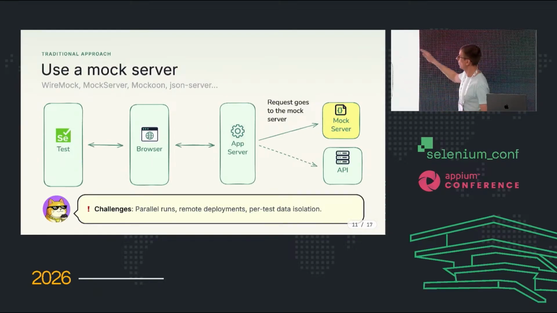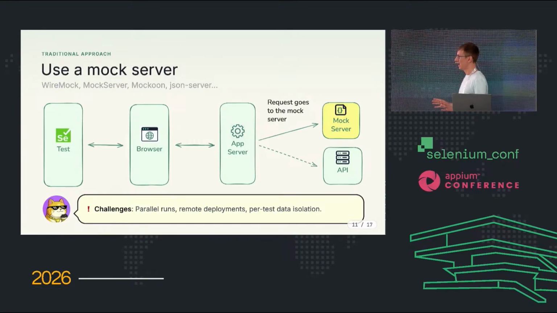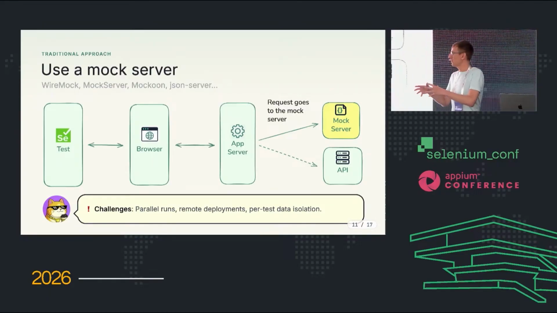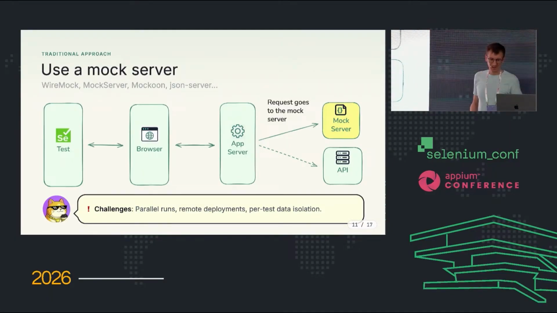You can route all your parallel tests into a single mock server, but in this case, you need to isolate data between all these parallel runs. Also, there may be connectivity issues between app server and mock server. So there are challenges. And what I want to avoid when testing infrastructure is investing more time into the testing. I want to invest more time into the app development.